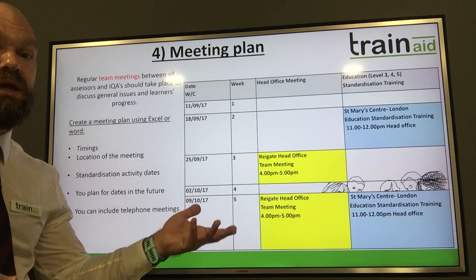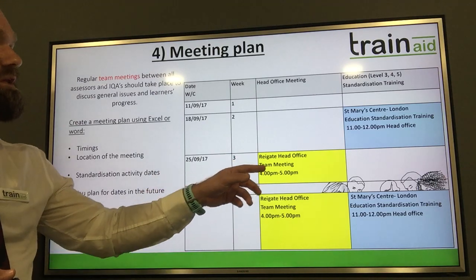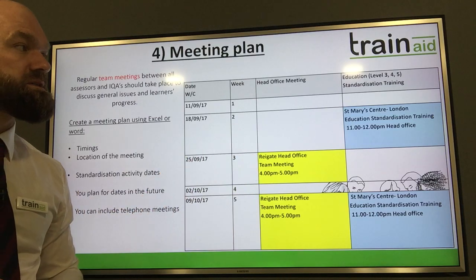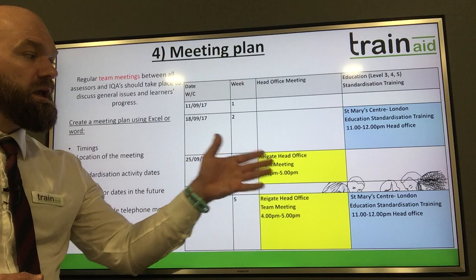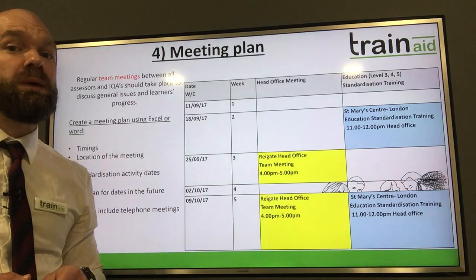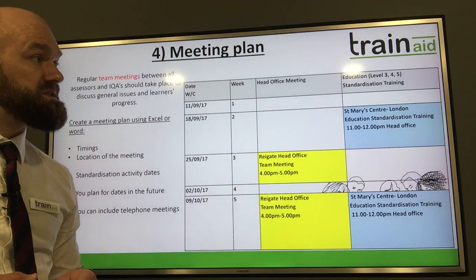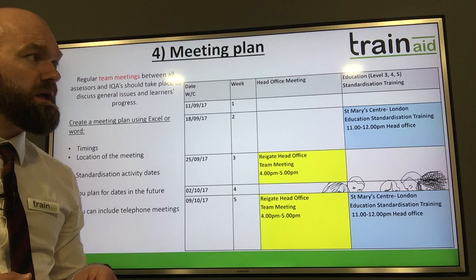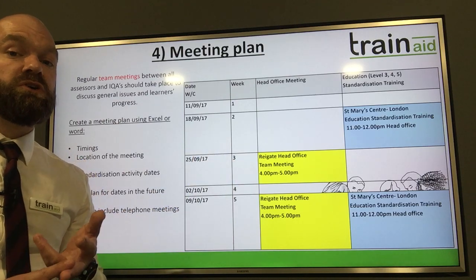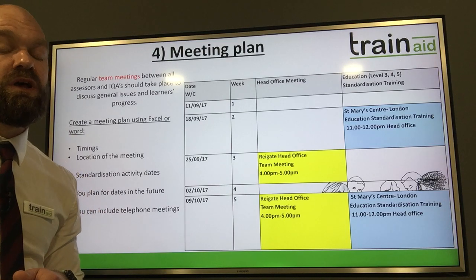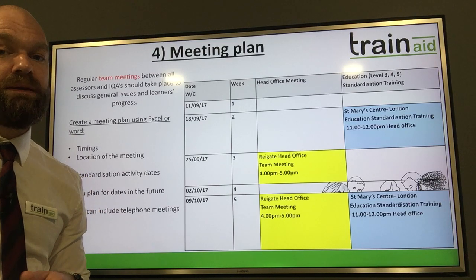As you can see, it's a very basic table with a couple of meeting dates there. This is all that we require to see, a couple of dates planned on your meeting plan. Again, you can use an Excel spreadsheet or a Word document template to fulfill this meeting plan.